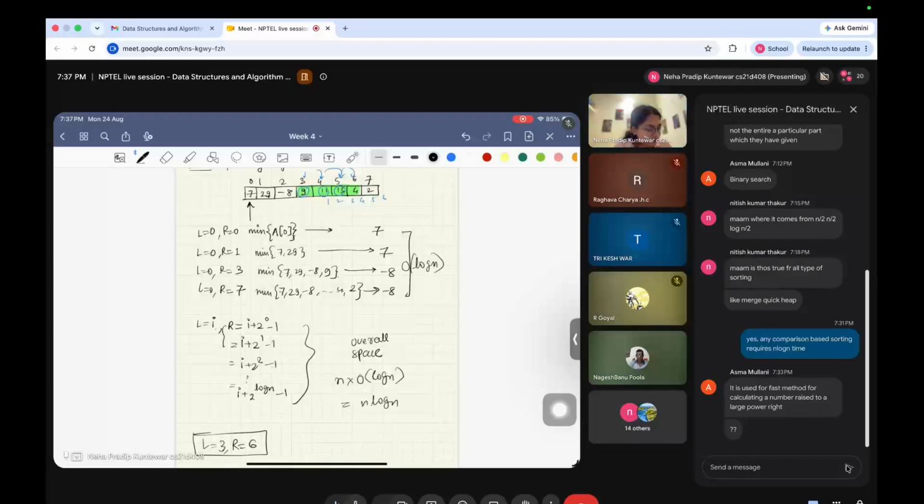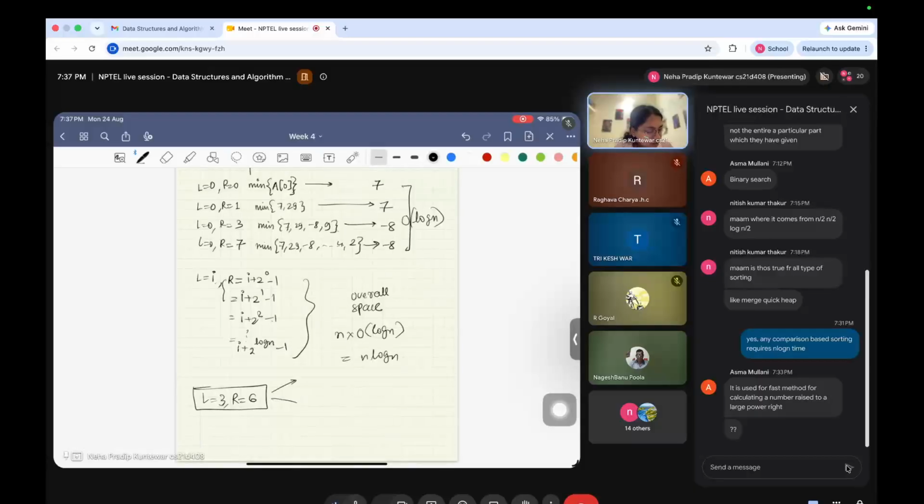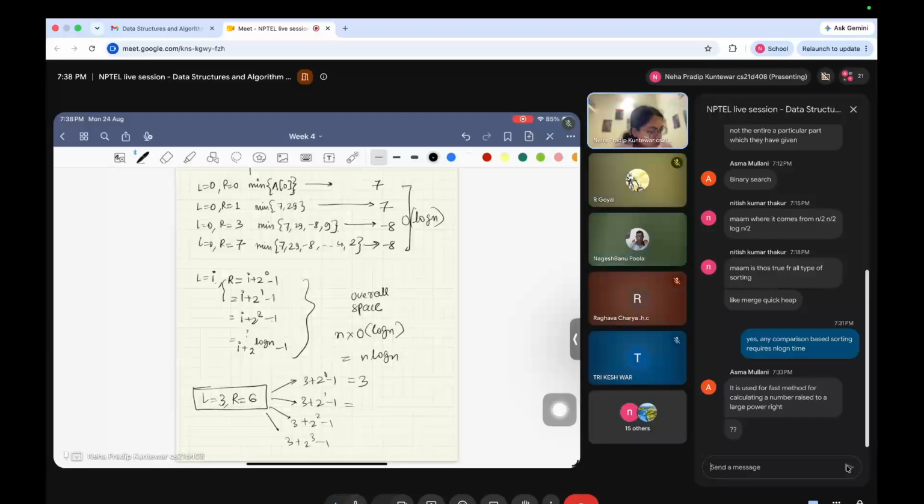So if L is 3, what are the R values that we have maintained? 3 plus, so this is going to be 3, this is going to be 4, this is 6, and this one is not even valid.